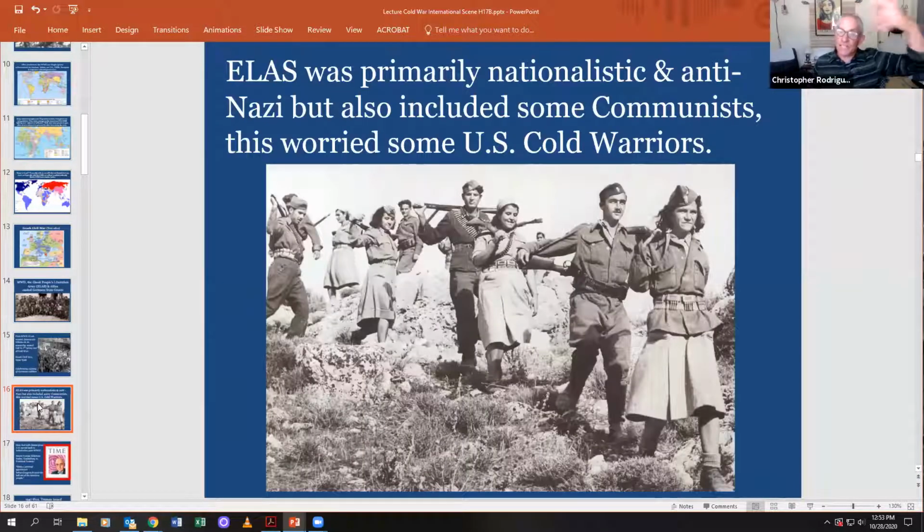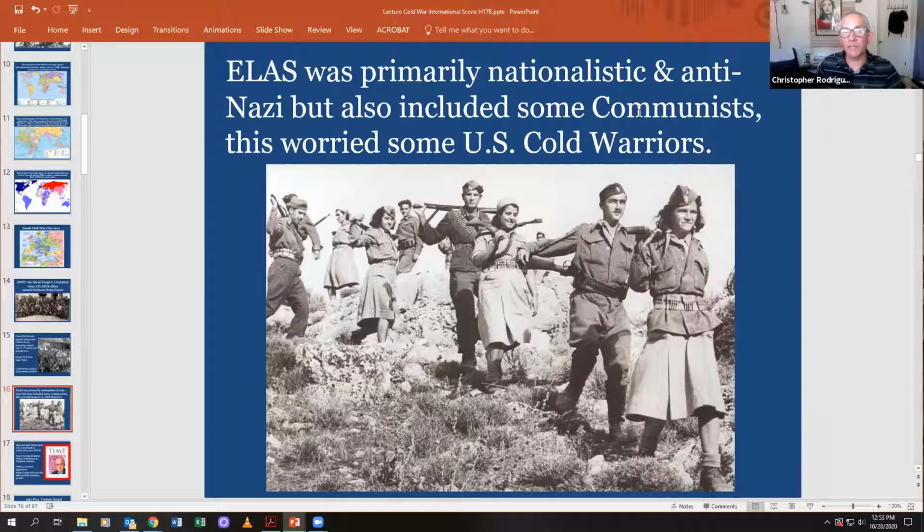And what the US claimed, right, and there's a grain of truth in this, is that the ELAS was pro-communist. Well, that's not necessarily true. The ELAS was primarily a nationalist organization, which meant that they wanted Greece to be sovereign, right, to govern itself. But included within this very complicated group of political groups were some communists.